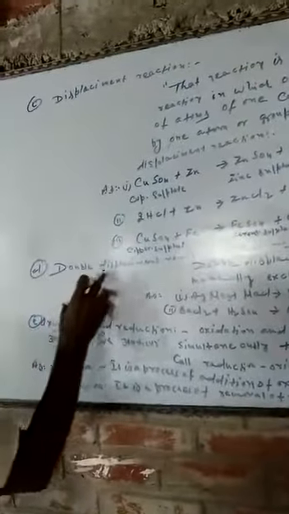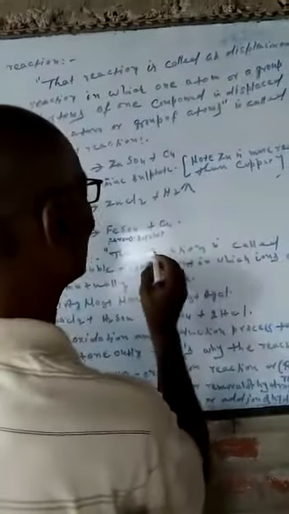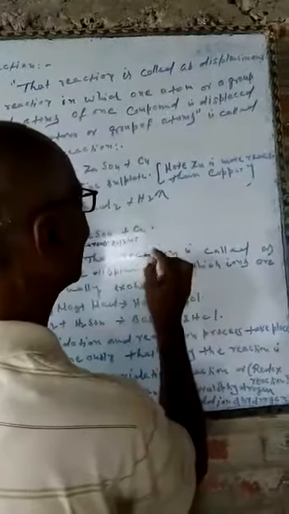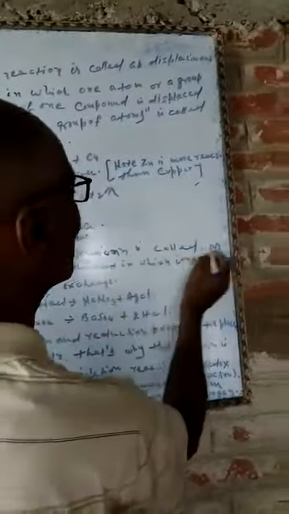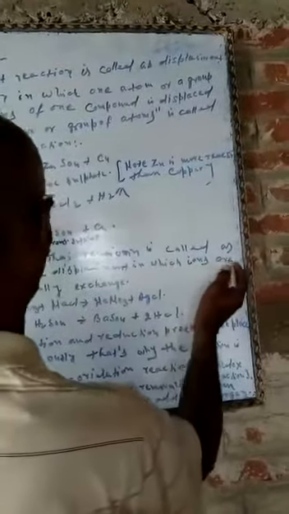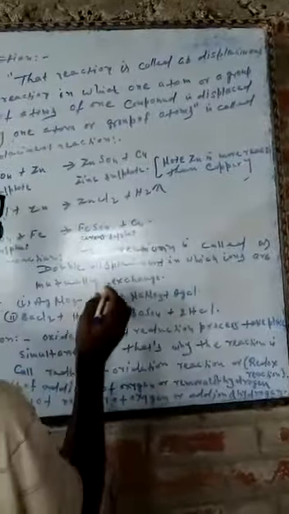Fourth, double displacement reaction. That reaction is called double displacement reaction in which ions are mutually exchanged. First, AgNO3 plus NaCl.